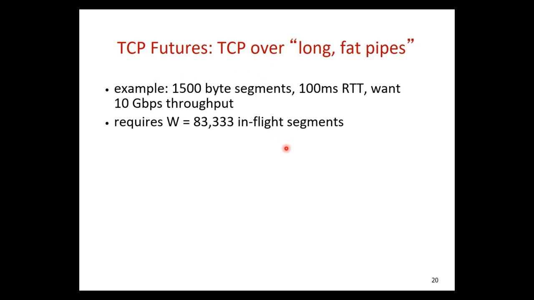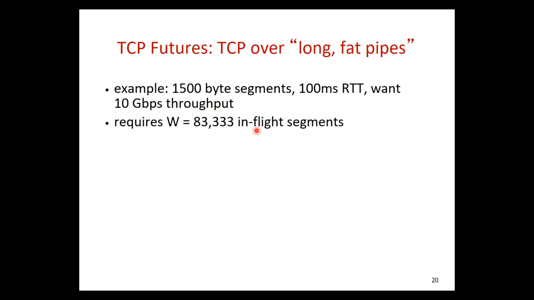Now the question is, if we want to achieve 10 gigabits per second throughput when we have 100 millisecond round trip time, how many segments do we need to have in flight?